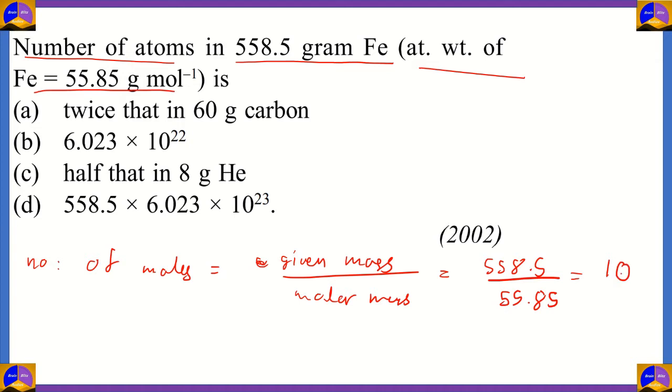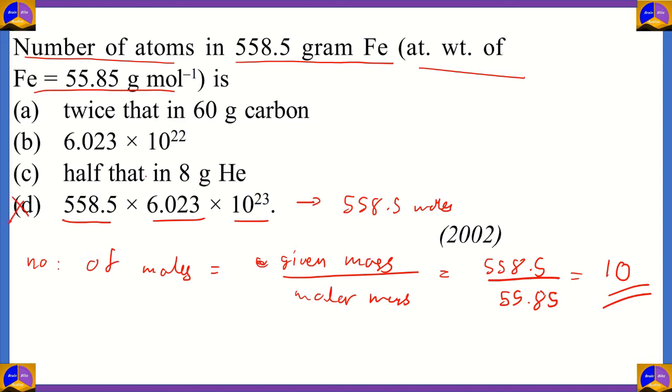So therefore the number of moles of iron is equal to 10, and so we need to find out which of these options would be the most appropriate. Option D is 558.5 into 6.023 into 10 raised to 23. So that means it's equal to 558.5 moles, which is incorrect.